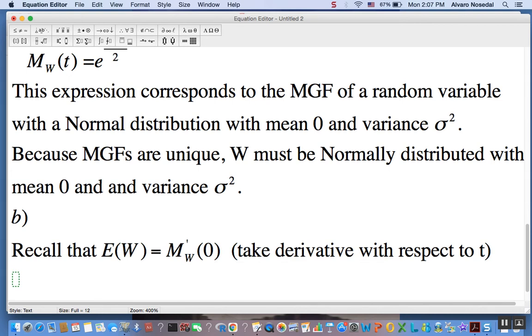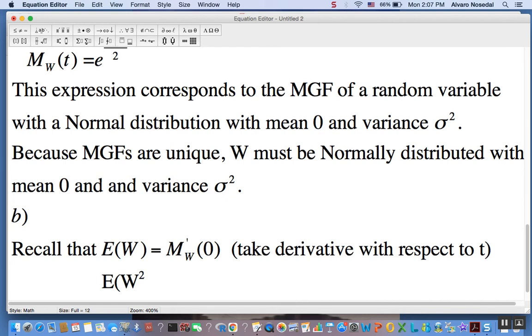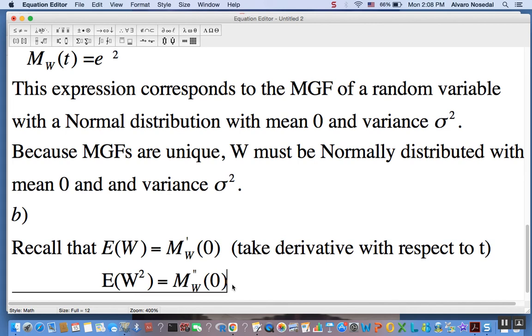Okay. Now for the other one, the expected value of W squared, you can find that easily using your MGF, but now instead of taking the first derivative, you have to take the second derivative. Again, remember, with respect to t, and then you evaluate at 0, right?